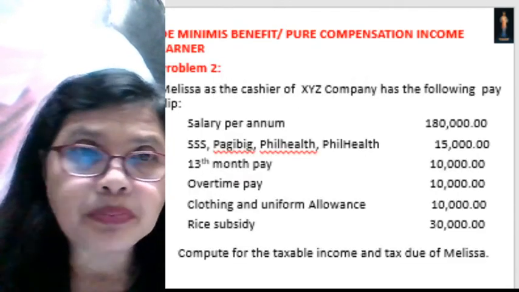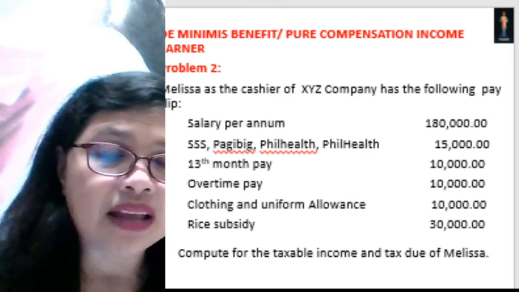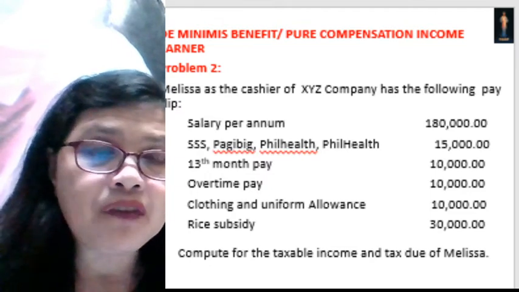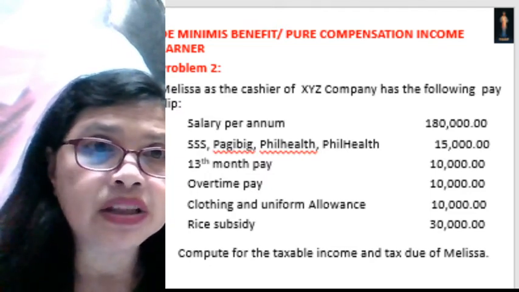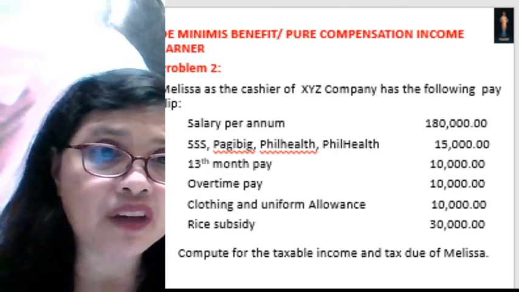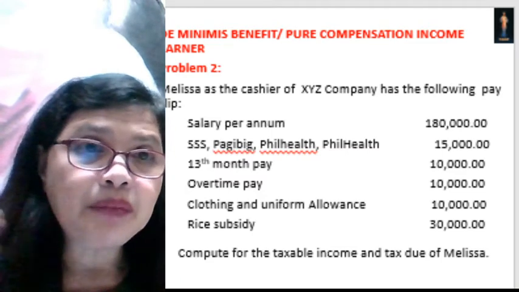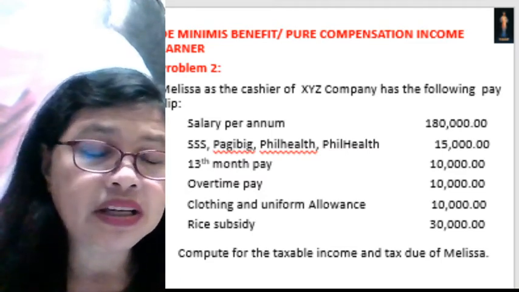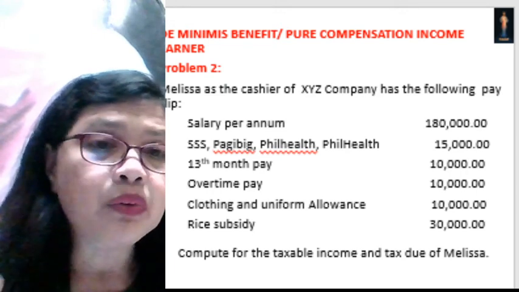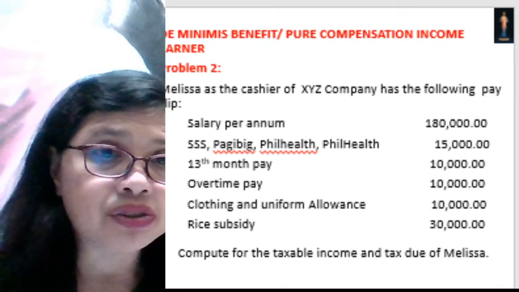And here in problem number two, okay, it was cut, but I think the one written there is de minimis benefit, pure compensation income earner. Problem two. What do you mean by de minimis benefits? These are the benefits given by the employer to the employees, such as clothing allowance, rice allowance, and there are other benefits too.